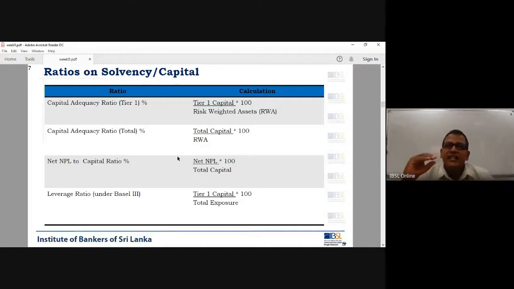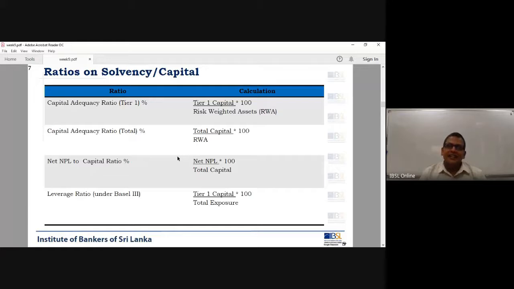The tier 1 capital is generally considered as high quality capital. And the tier 2 capital is not high quality capital, it is a sort of hybrid capital. The hybrid nature capitals are included in tier 2 capital. As an example of tier 1 capital, in the bank balance sheet you can see paid up capital, which can be considered as tier 1 capital.